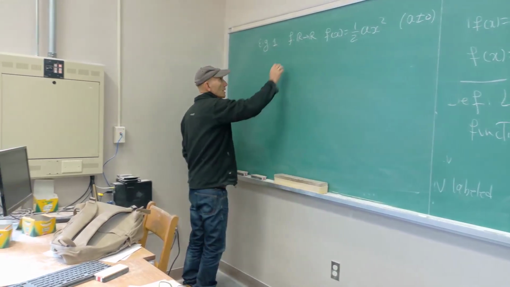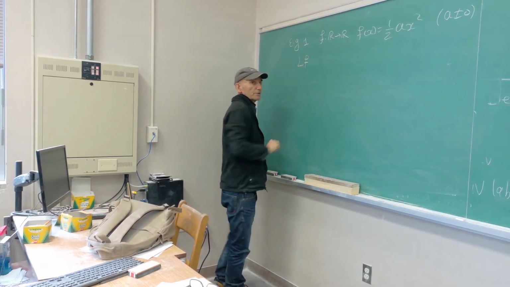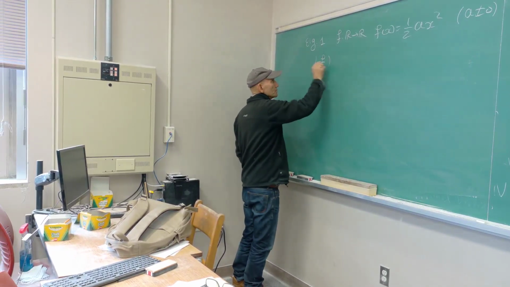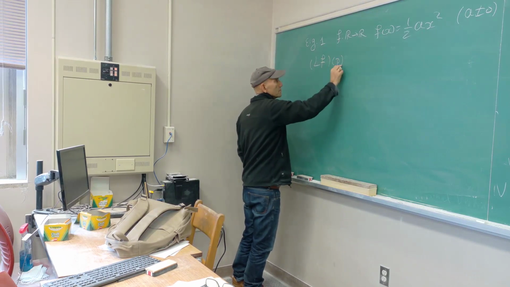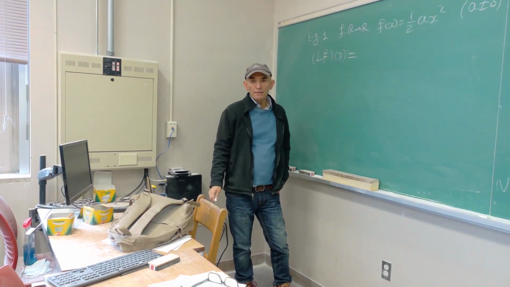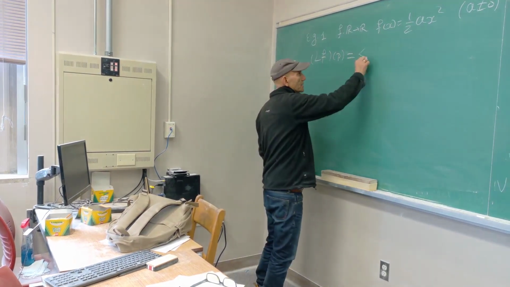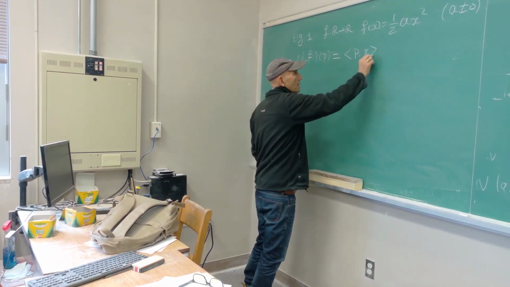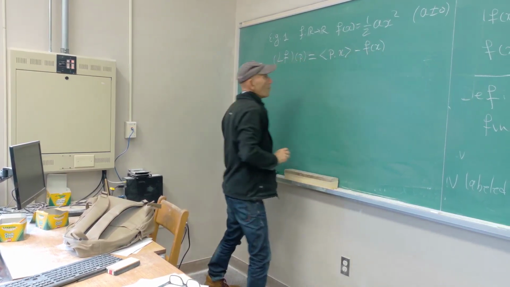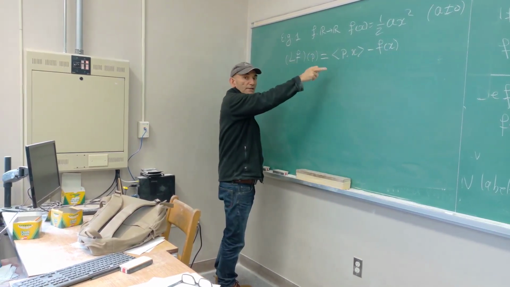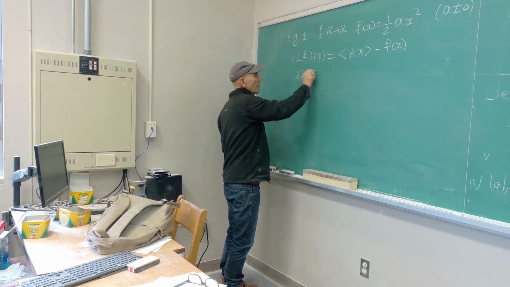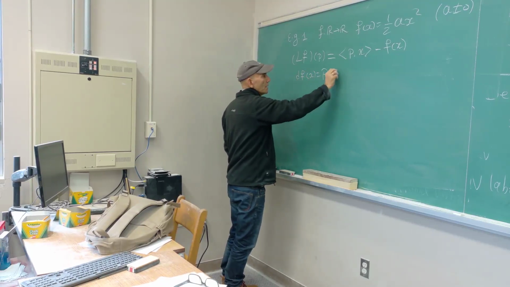So let's compute the Legendre transform of f at some covector p. What is that? That's p x minus f of x, where x satisfies the equation df of x equal to p.